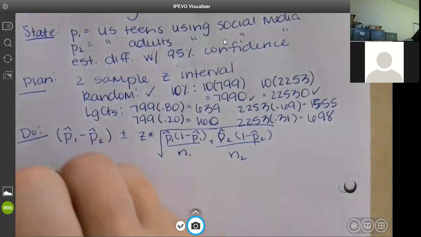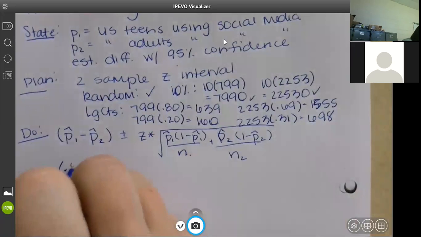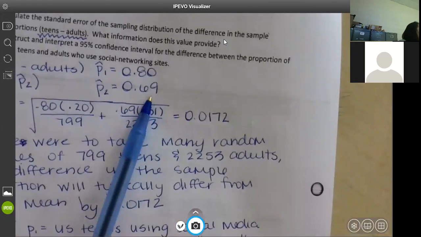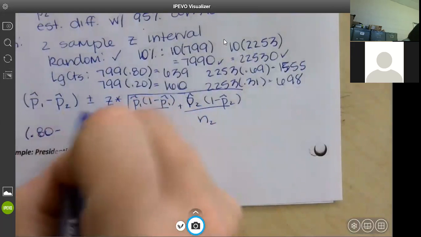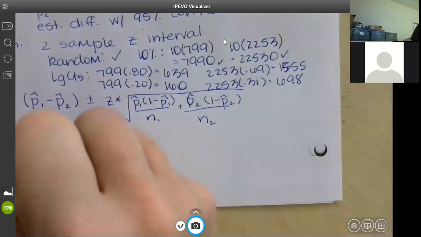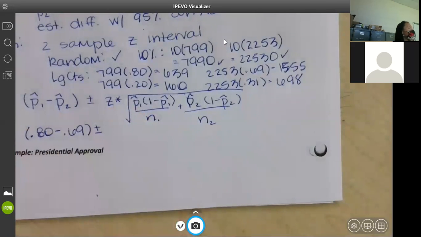What was p hat 1? Proportion of teens. So what? 0.8. We did it at the top. So you've already defined them up here, way up here. Okay, don't forget that. 0.8 minus p hat 2, 0.69. 95% confidence has a Z star of 1.96.